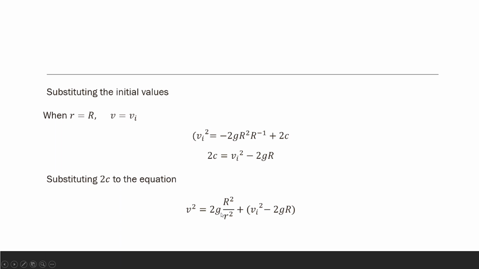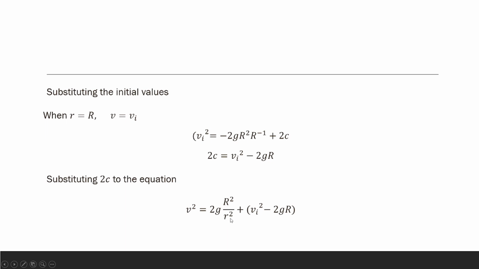Right, g is constant, R squared is constant, 2 is a number, so those are constant. The only thing changing in value here is r. So if r is changing in value, what value does this term approach? Where does our first term approach? Let's go back to our problem earlier. r, that is the distance of the object to the center of the Earth. Now, imagine the object is leaving the atmosphere. What will happen to our r? As the object moves farther from the center of the Earth, of course our r increases.